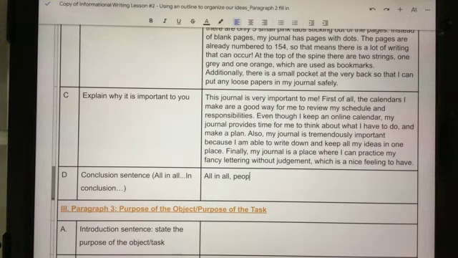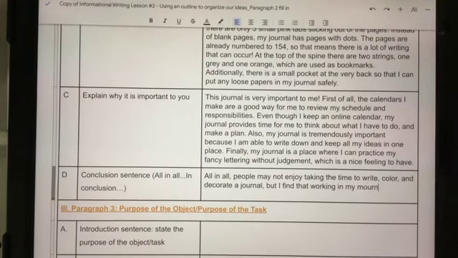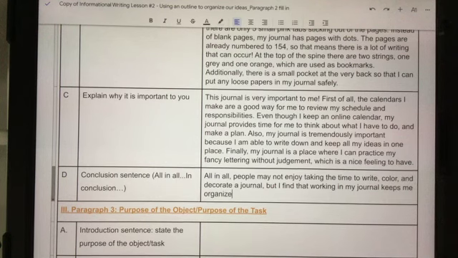So all in all, comma, people may not enjoy taking the time to write, comma, color, comma, and decorate a journal, comma, but I find that working in my journal, not my murnal, my journal keeps me organized, and it is a creative way for me to pass the time.